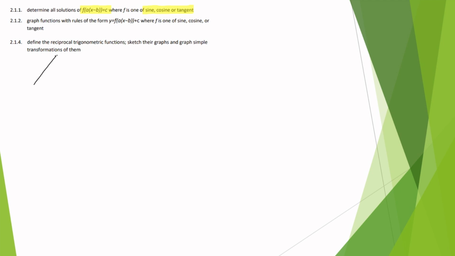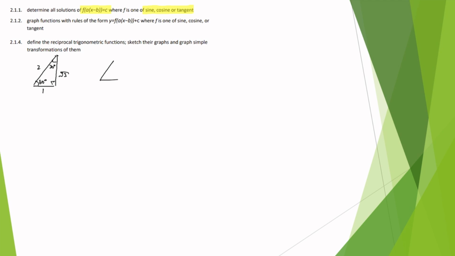To remember the exact values that I'm talking about, what I was taught were these things called the God triangles. This first one is essentially an equilateral triangle with side lengths of 2 that's been sliced in half. And so as a result, you have 1 here because it's sliced in half there, and root 3. And because it's an equilateral triangle, this is 60 degrees, this is 30 degrees, and this is 90 degrees.